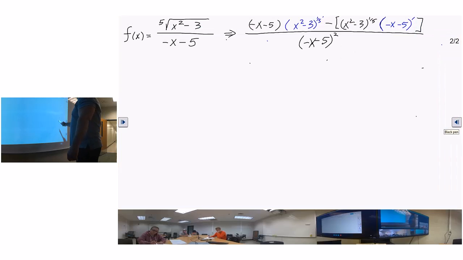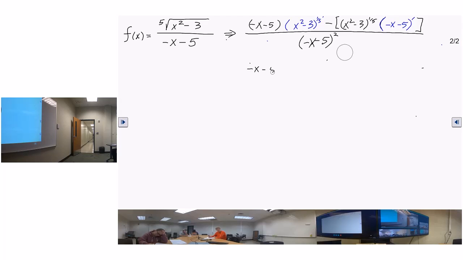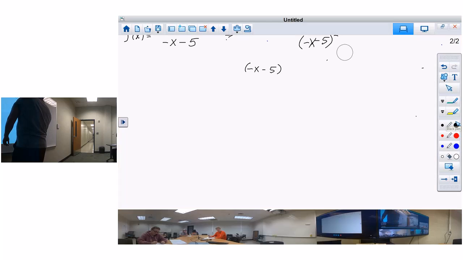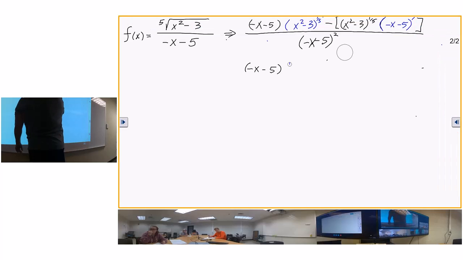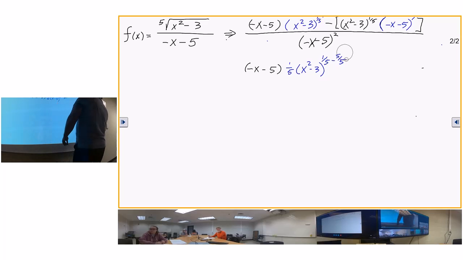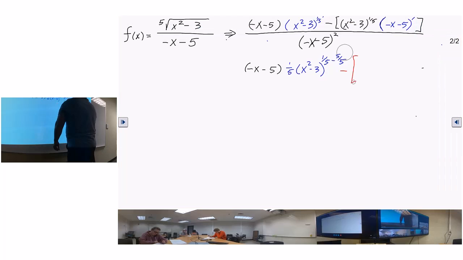All right. So, negative x minus 5, you're just going to rewrite that. And then this is going to be 1/5 times parentheses x squared minus 3 close parentheses to the 1/5 minus 5/5. And I'm going to go with my red brackets here.